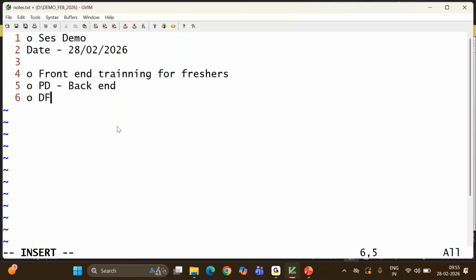DFT is also part of the back end. These are the three courses starting today. The demo sessions are happening today and tomorrow, and I'll be taking the front-end demo session for freshers.